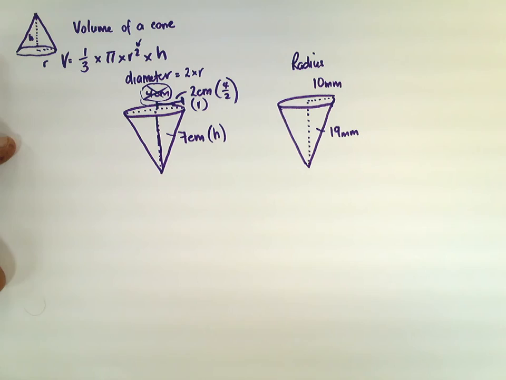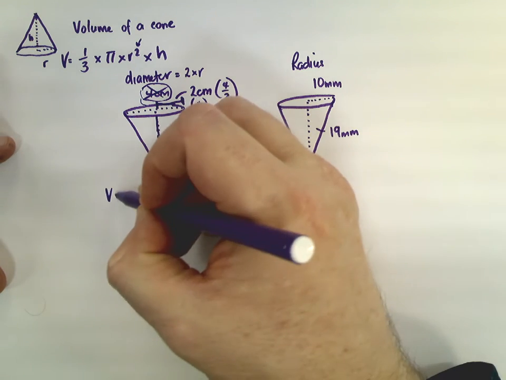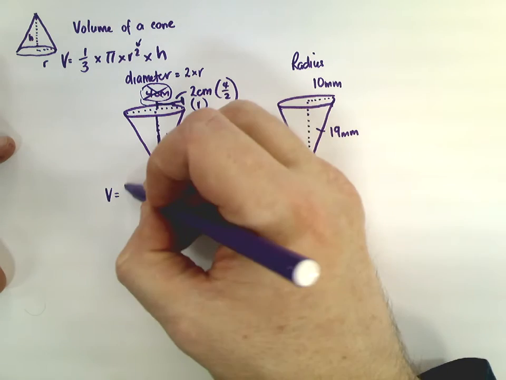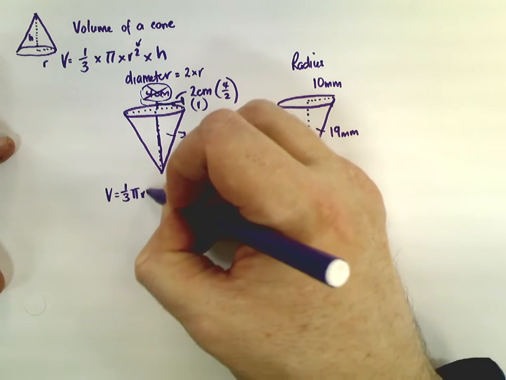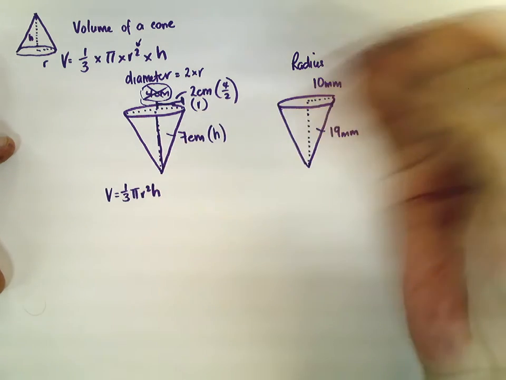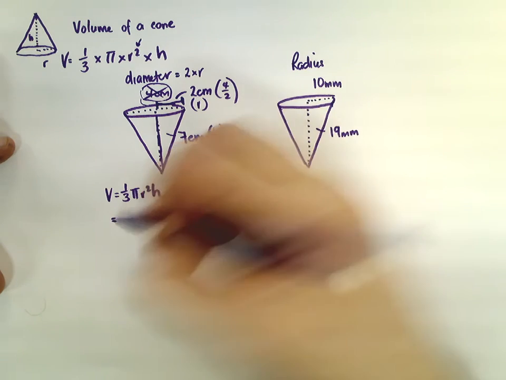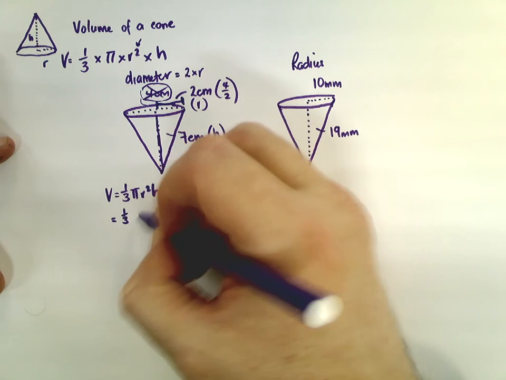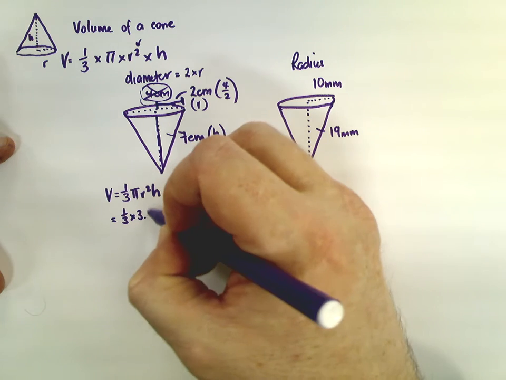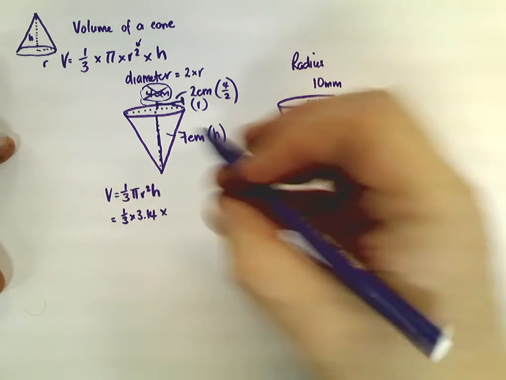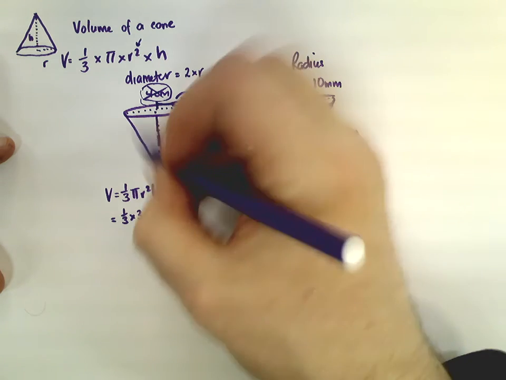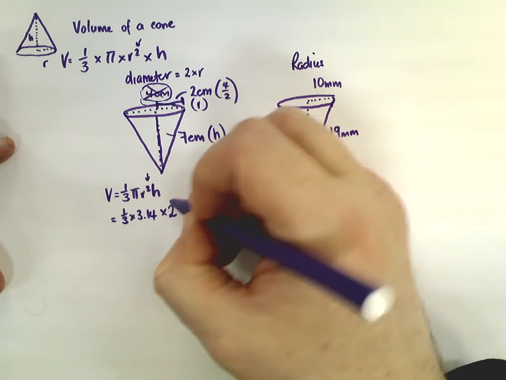So I always start off by writing my formula. Now you notice I put times in here, but we know enough linear algebra by now to realise that I can actually get rid of those particular symbols anyway. So it's going to be a third. Now I like to use 3.14, but some people like to use the pi button, up to you. And then of course my radius, which is 2 centimetres. And then once again, remember, do not forget to square.